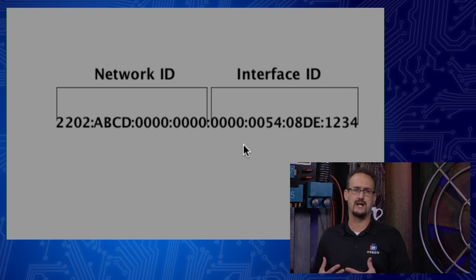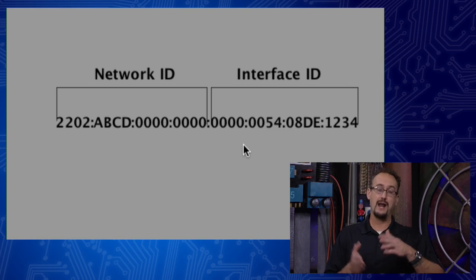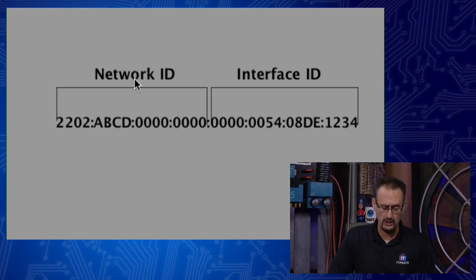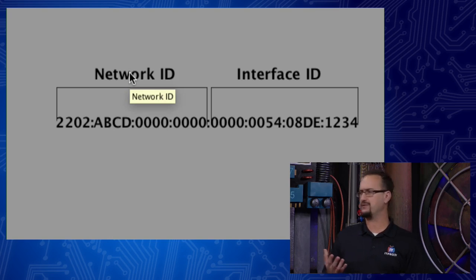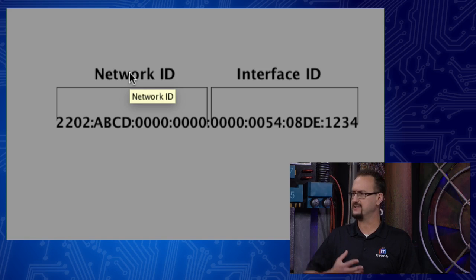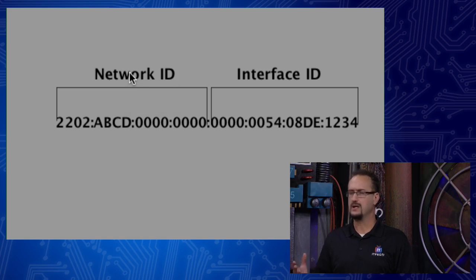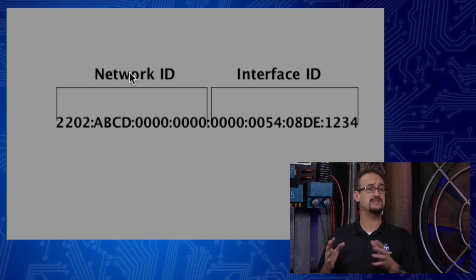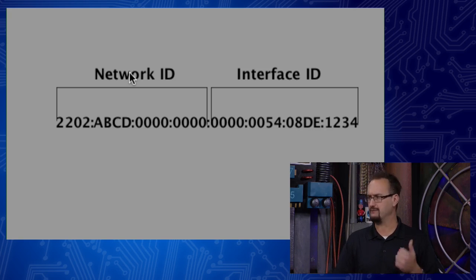Think about the interface ID as being like the node portion of an IPv4 address, right? And then within that network ID, you could break that down even farther. That's one of the great things about IPv6, that it's got hierarchical routing blocks, if you will, and it makes it much more efficient when it comes to routing information over IPv4, right?